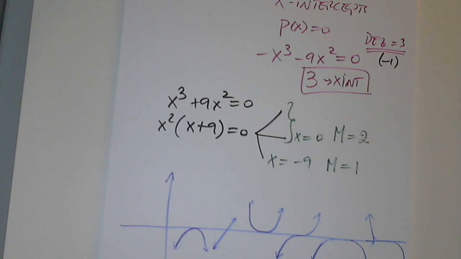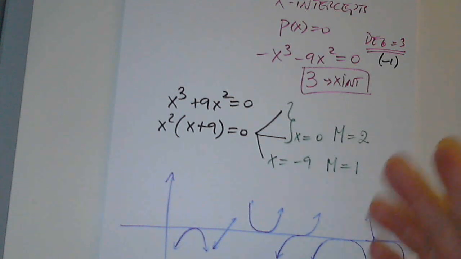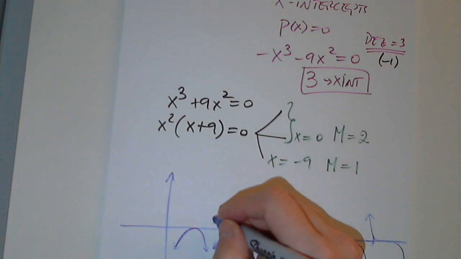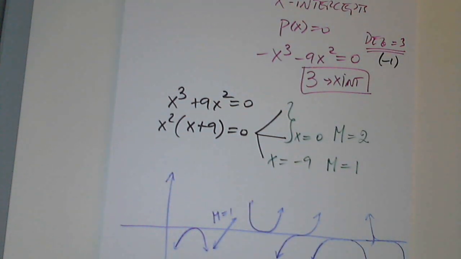All these are odd multiplicities. It means that the x-intercept exists once. It means that the x-intercept exists 3 times. And here even slower, what do you think? 5. So when we determine the multiplicities, this solution will appear once. That's why multiplicity 1.